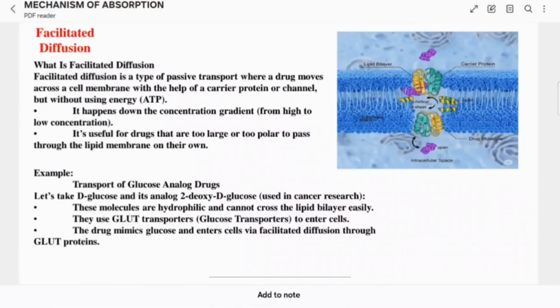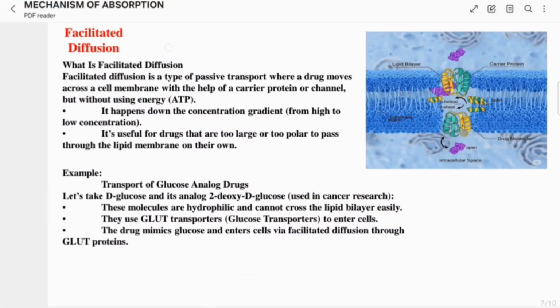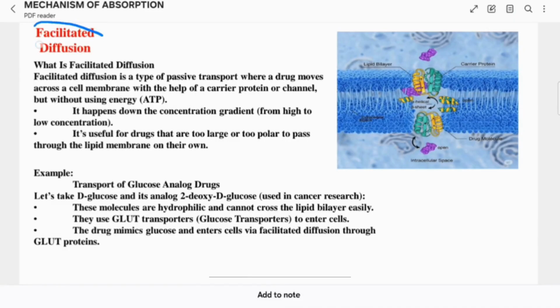Another mechanism is facilitated diffusion. So what is facilitated diffusion? It is a type of passive transport system where the drug is moving across the cell membrane with the help of carrier protein.